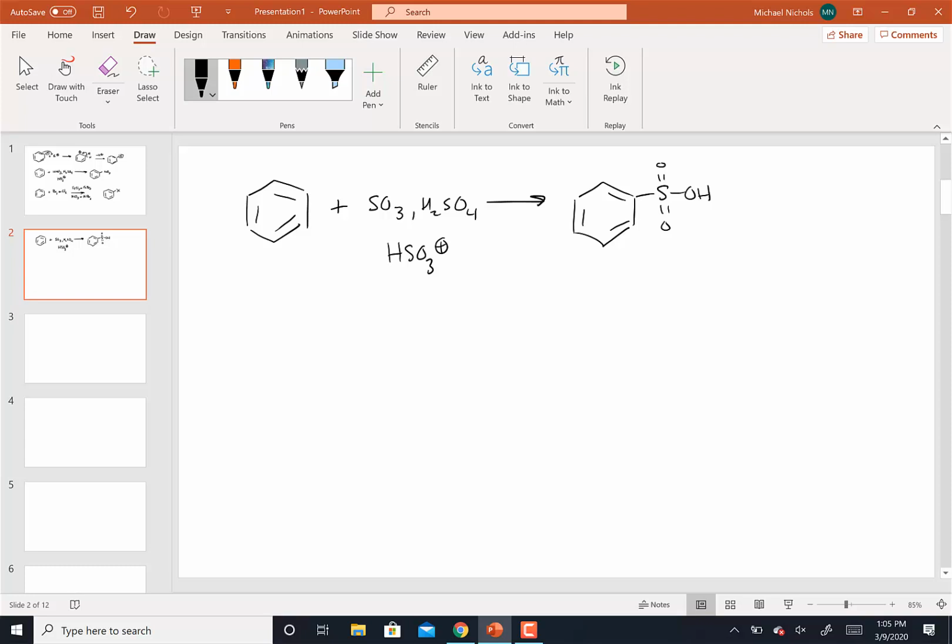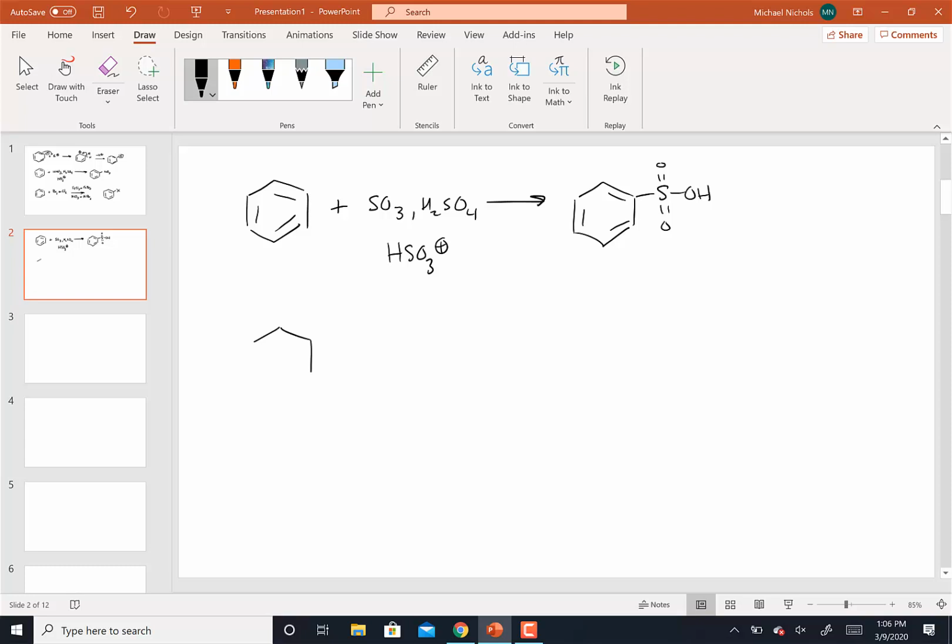When we talked about this last, if we replace the OH with Cl by using something like PCl3 or SOCl2, that makes the tosyl chloride. So we've seen that one before, and those were the three that we talked about that were just reagents.